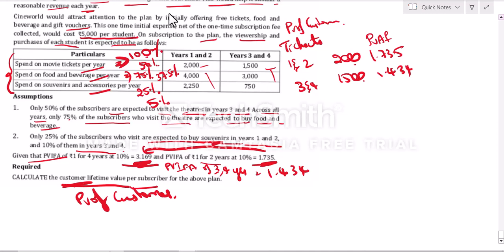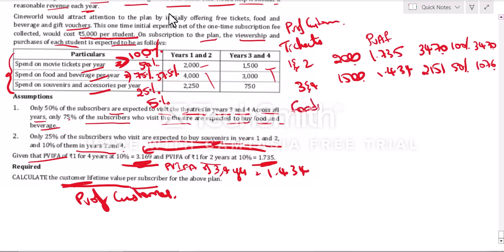So 2000 into 1.735 is 3470. 1500 into 1.434 means 2151. In the first two years, 100% will come, so the total 3470 they will spend. In the later years, only 50% will come, so 2151 into 50% is 1076.